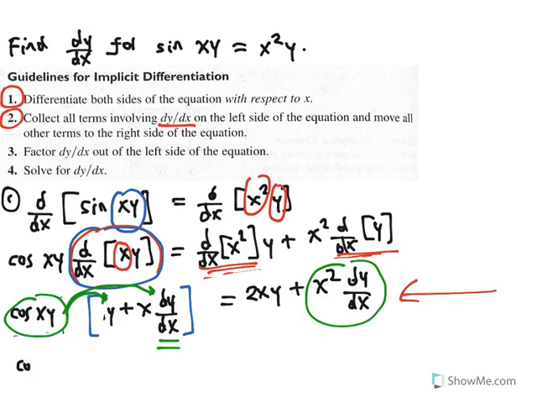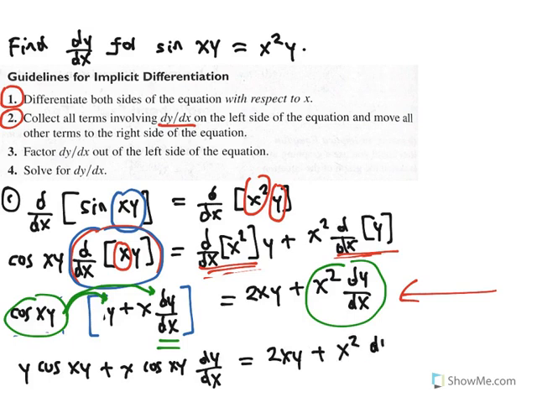So that will give you y times cosine xy. So I will write y times cosine xy plus x times cosine xy times dy dx. And on the right side of the equation, I have 2xy plus x squared dy dx.